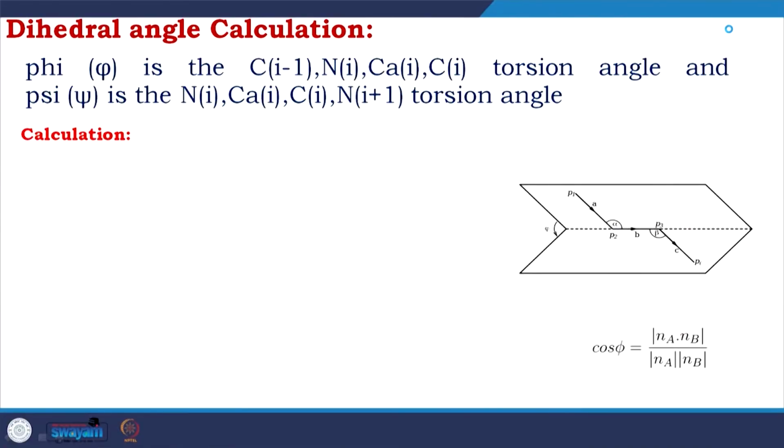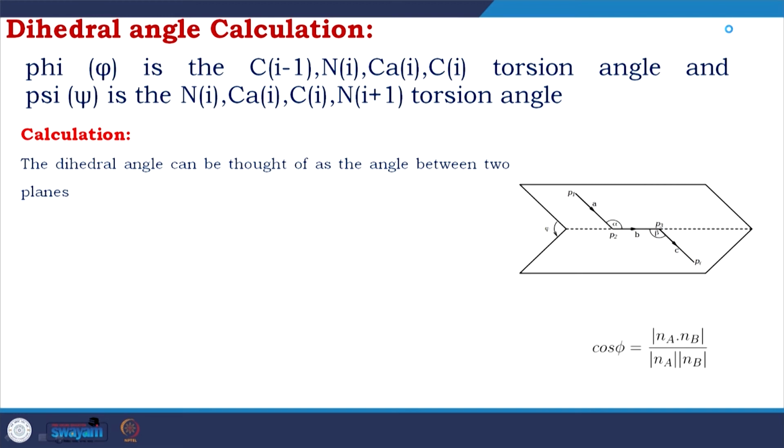We have already talked about phi and psi. Phi is C(i-1), N(i), C alpha(i) and C(i). So, it is a torsion angle, and psi is N(i), C alpha(i), C(i) and N(i+1). So, you could see the angles. The dihedral angle can be thought of as the angle between two planes.